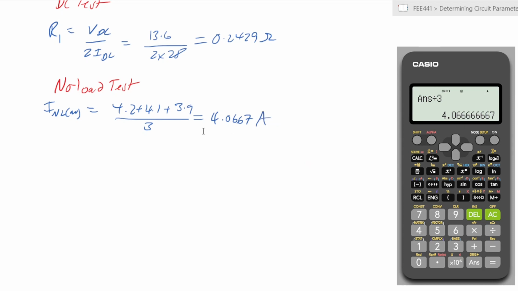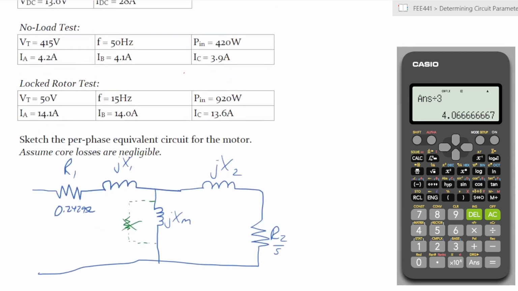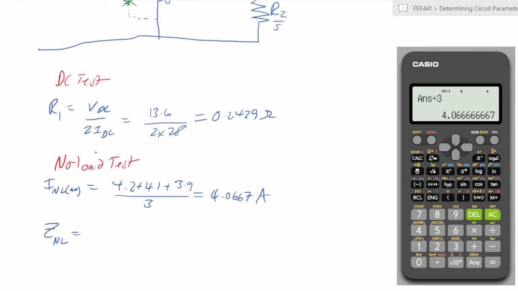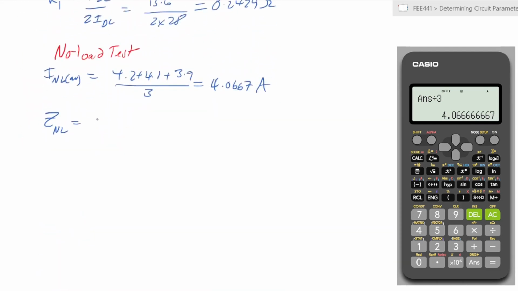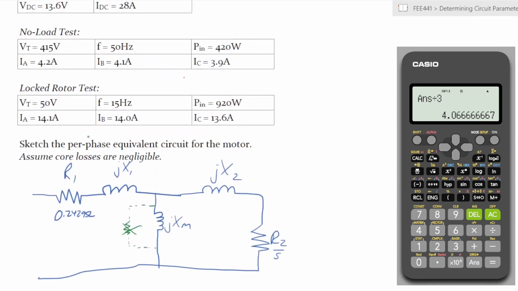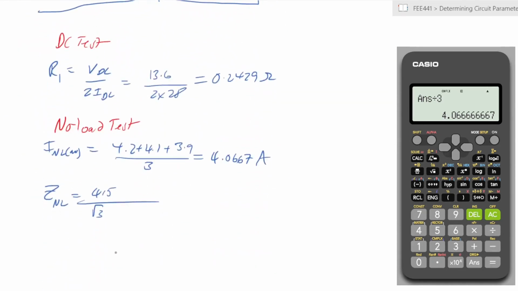Okay. Phase voltage, we know what that is, or rather we have been given a line voltage, so we can determine the no load impedance from that. So the no load impedance will be given by 415 over root 3 in order to get phase voltage, divided by the current that we've just determined.